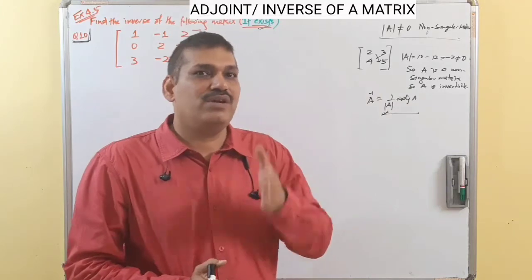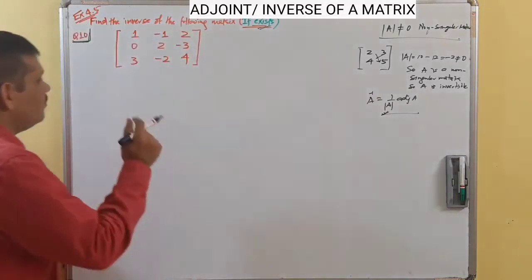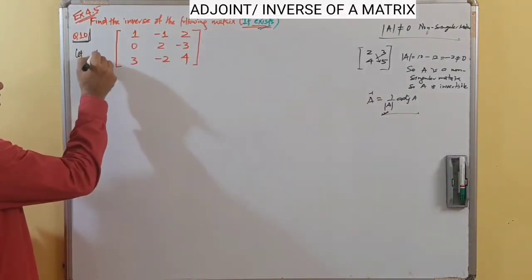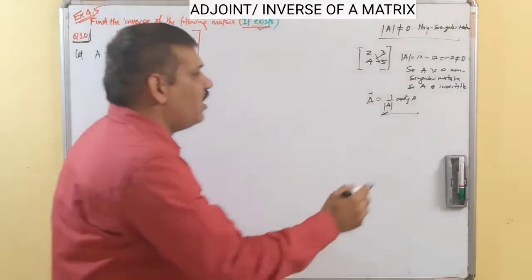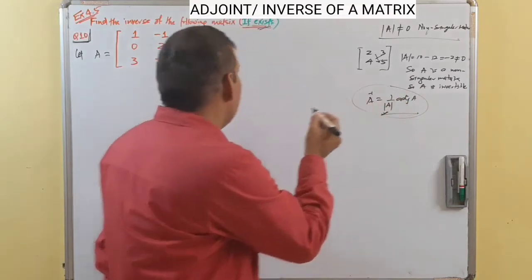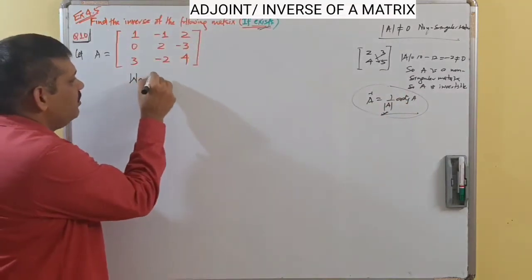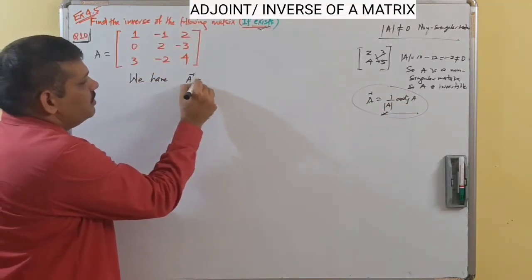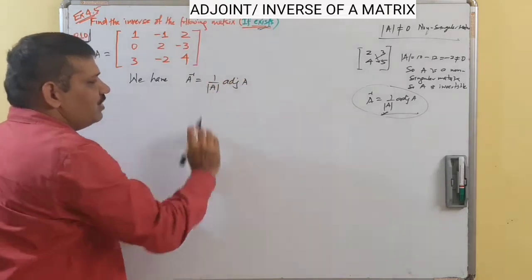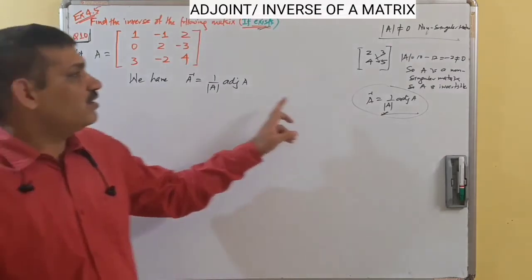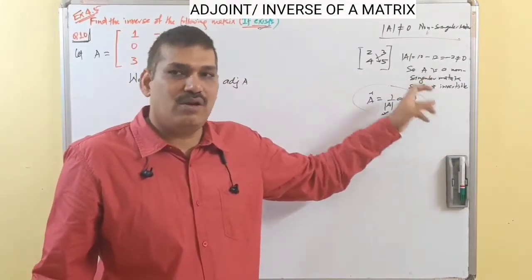So first of all, in any question, let us name the matrix A. To find the inverse, we have the formula: A inverse is equal to 1 upon determinant A times adjoint A. First of all, we'll ensure that the matrix is invertible or not.